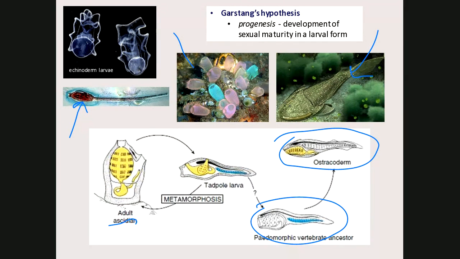You remember when we talked about developmental genes, right? Little tiny changes early on can have very profound effects, right? So if you make little tiny changes in when this organism is going to become reproductively mature, if you speed that process up, you'll get something that looks like a fish or a tadpole, kind of like a larva, that is actually a full-grown adult organism that can reproduce itself.